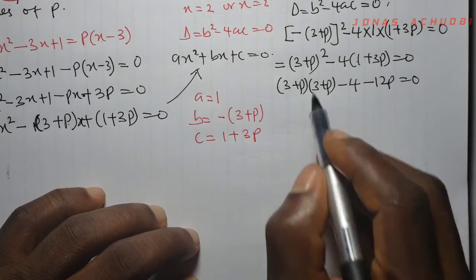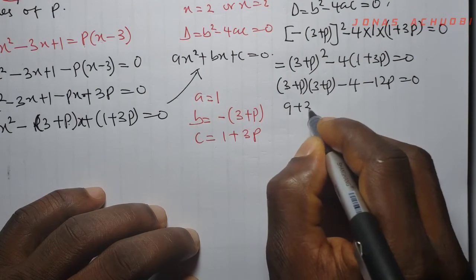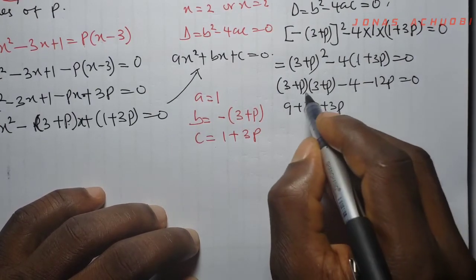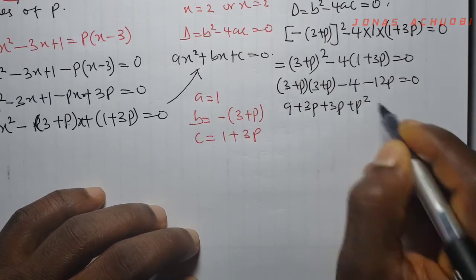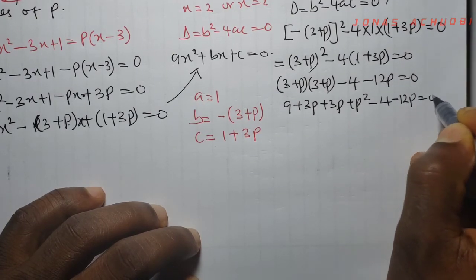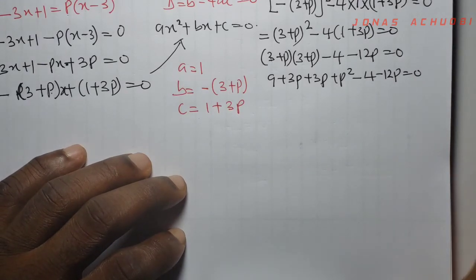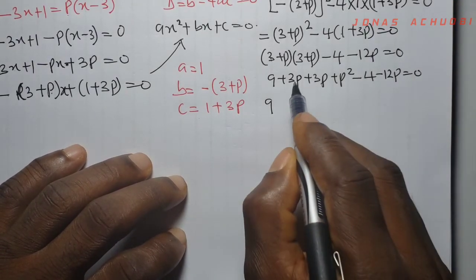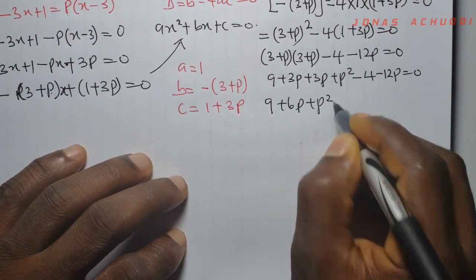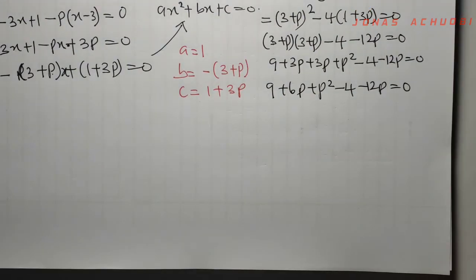Let's open up this bracket. We have 3 times 3, 9. 3 times p is plus 3p. p times 3 again is plus 3p. And then p times p is p squared. Minus 4 minus 12p equal to 0. We'll now take like terms and rearrange what we have. So this is 9, 3p plus 3p is clearly 6p, plus p squared minus 4 minus 12p equal to 0.